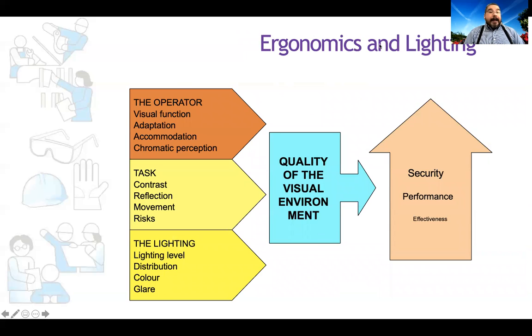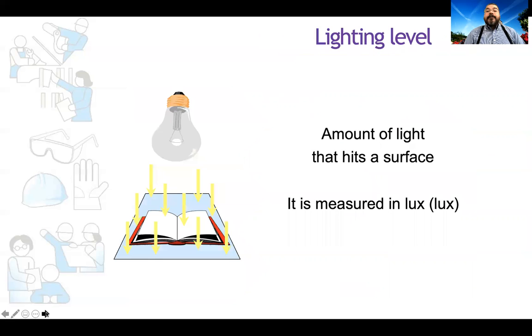In terms of lighting, it's another factor such as noise. We must consider the operator, the task, and the lighting. All of them interact so we can have a good quality of vision in the environment, and that gets us to effectiveness in the process performance and to have a secure ambience.